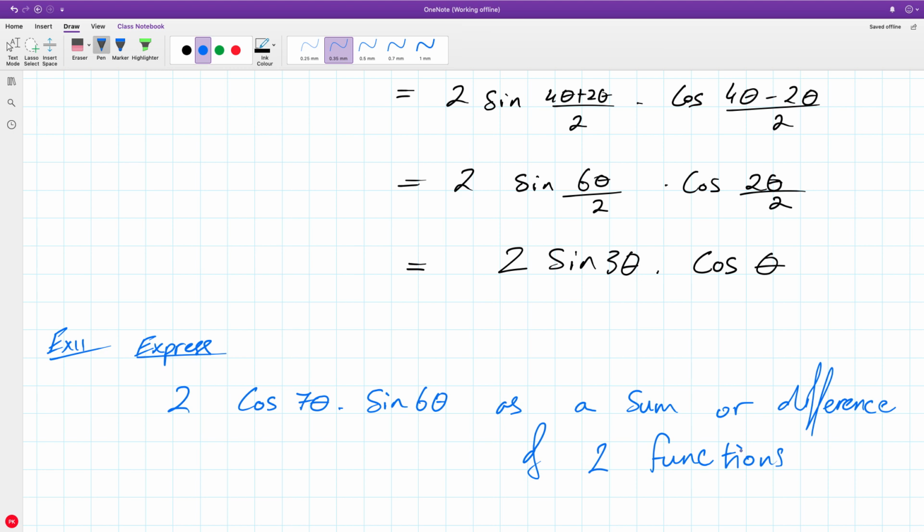So, product to sum means multiplication to addition and subtraction. Product means multiply; sum and difference mean add and subtract.